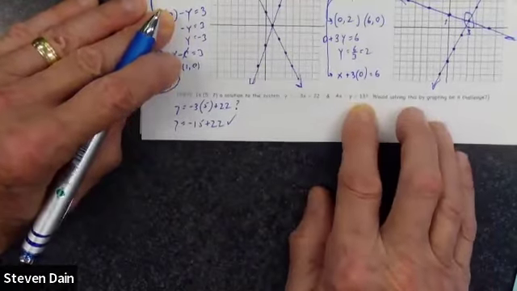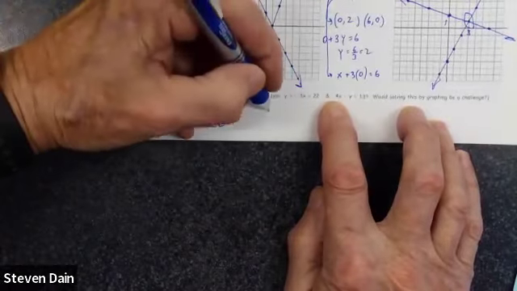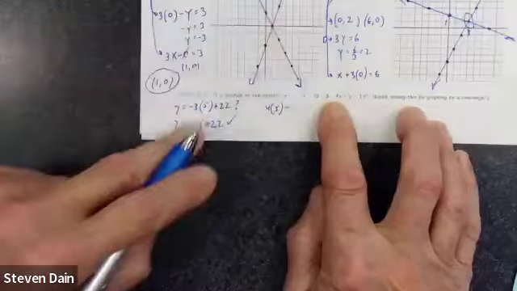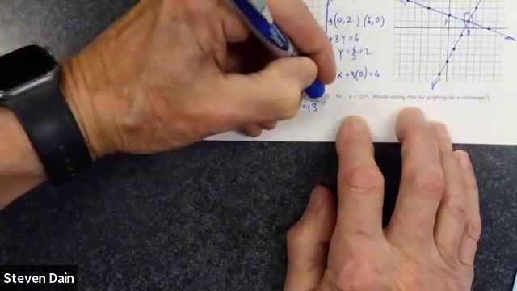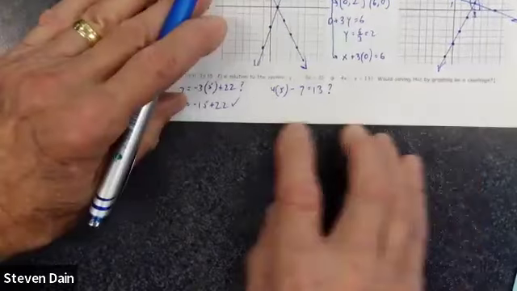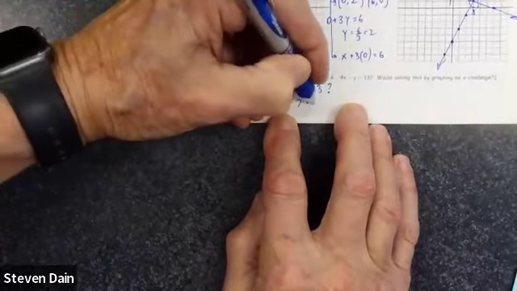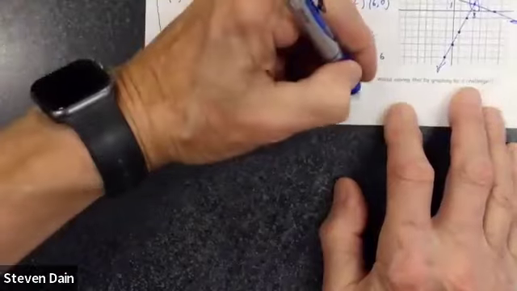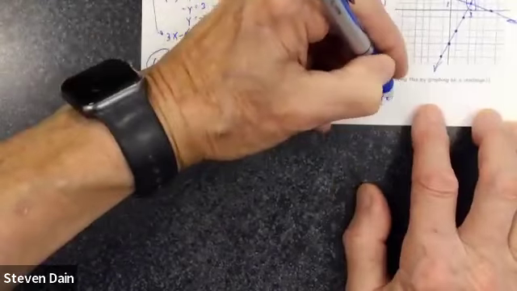It might work in one and not the other, right? So if I plug in 5 for x, minus the y value, minus 7, does that actually give us 13? That's 20 minus 7, that is true. So the answer is yes, and the answer is yes to that also.